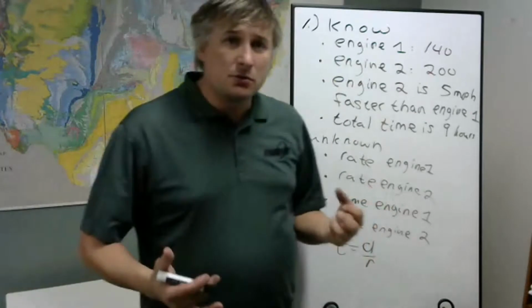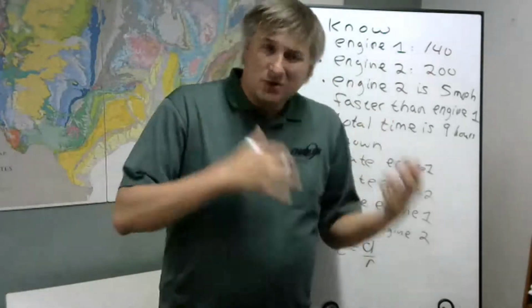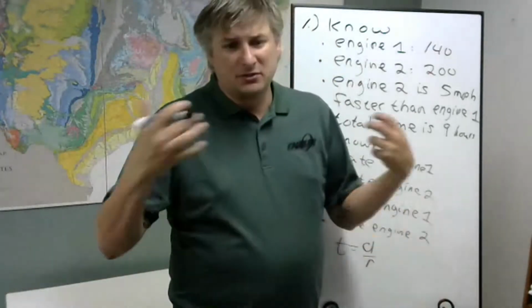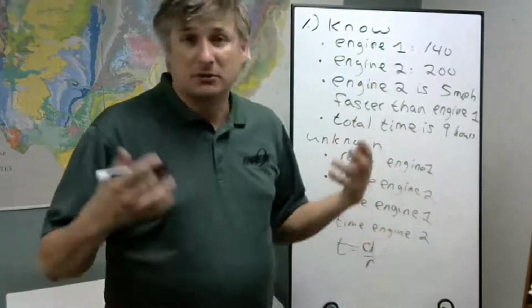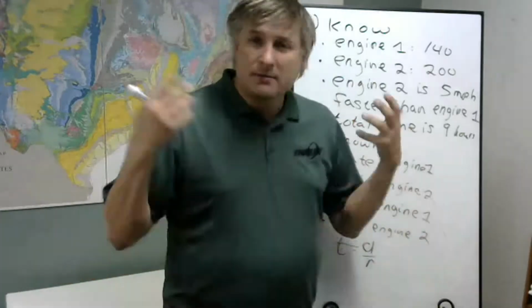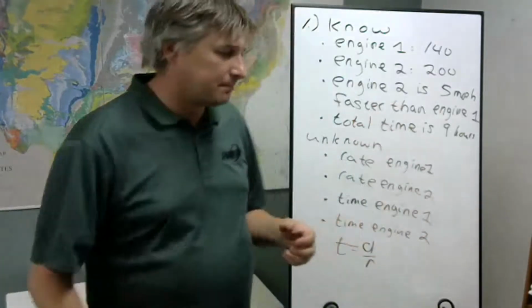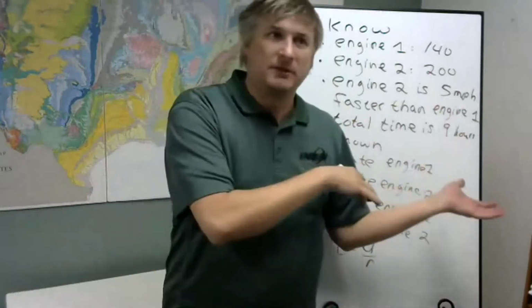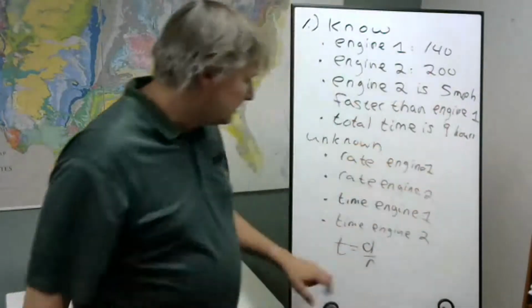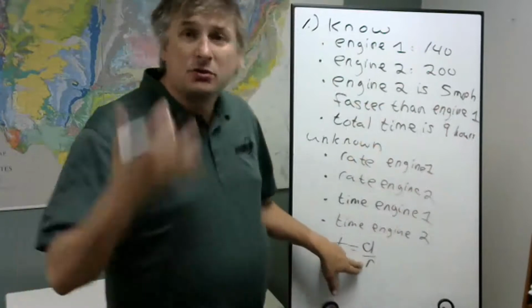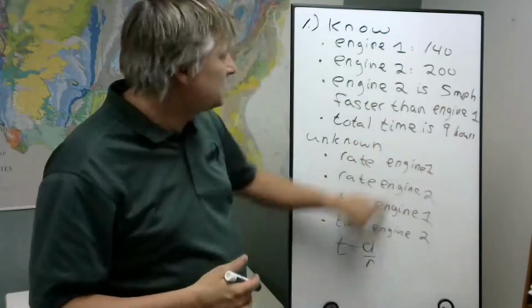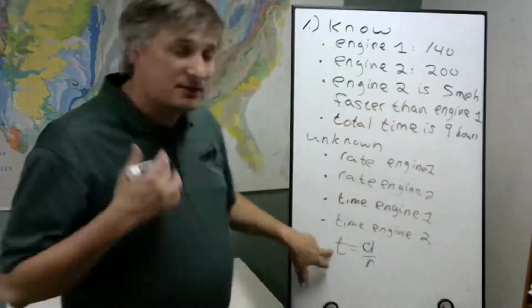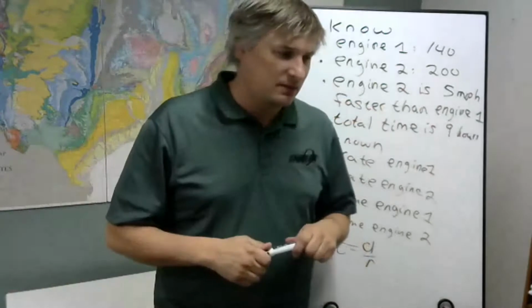Now for engine 2, if we know the rate for engine 1, because engine 2 is 5 miles per hour faster, we automatically know the rate for engine 2. And if we know the rate for engine 2, then the rate for engine 2 will be divided into the distance for engine 2. That'll give us the time for engine 2.